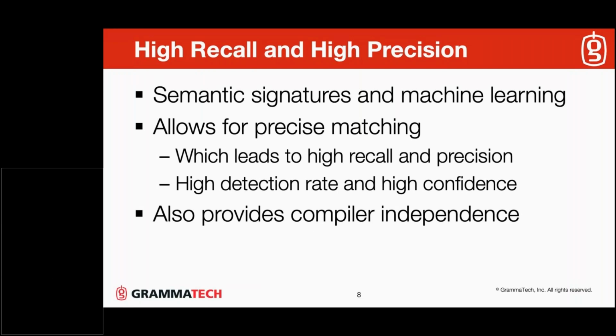So one of the real values here is we've got, we think, very high recall and very good precision on the results. So less false negatives, less false positives, and a good rate of detection and a confidence level that tells you whether the tool believes, at least with its matching, that you've actually got those components existing within the tools.